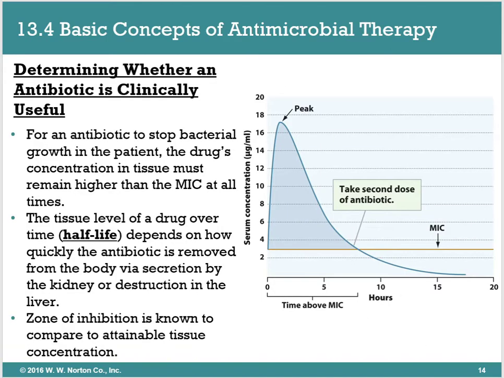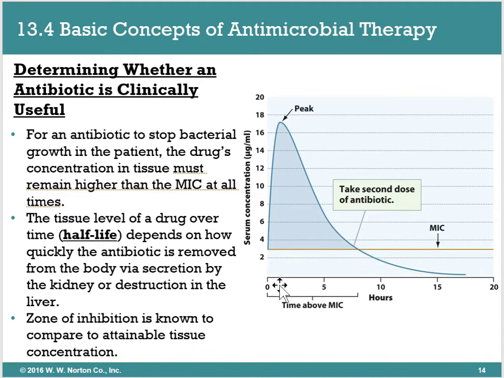Okay, so how do we determine when an antibiotic is clinically useful? The idea is that you want to have a peak of antibiotic. That is the reason why a lot of times you have to take antibiotics up to 4 times a day, depending on which one.